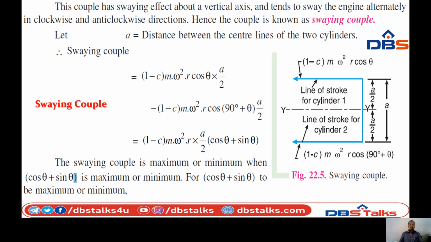Then minus (1 minus c) m omega square r cos of (90 plus theta) into a by 2.